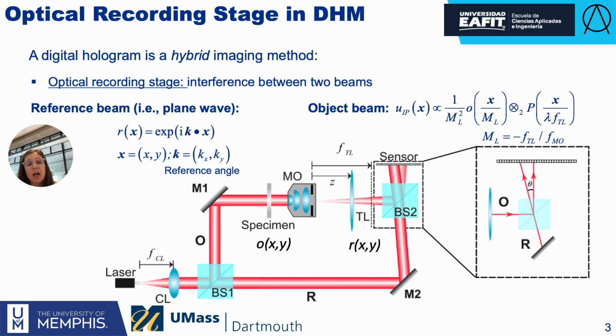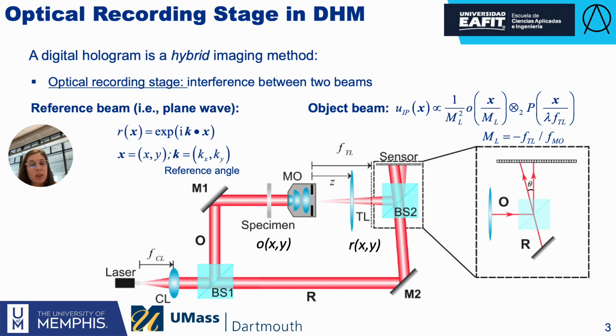So the light scattered by the specimen gets imaged by a conventional microscope, and it depends on the distance to the tube length. So you might be working in a telecentric or non-telecentric regime. I'm going to show you the difference in a couple of slides.